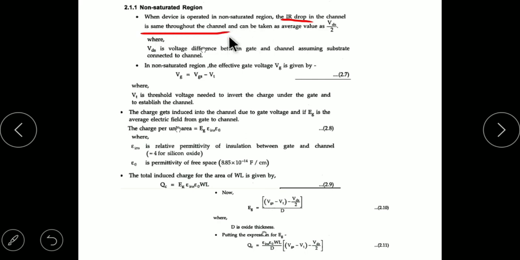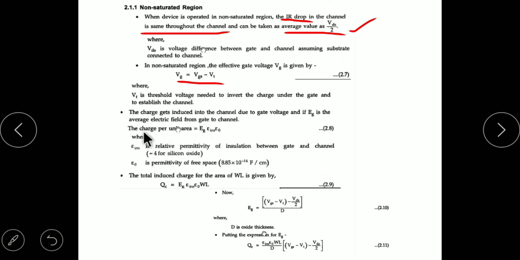Because the channel is uniformly distributed, hence the IR drop is also the same. Hence the average value is taken as VDS by 2. And Vg is the effective gate voltage, given as the difference between the applied gate voltage and the threshold voltage Vt. So Vgs minus Vt is called the effective gate voltage.